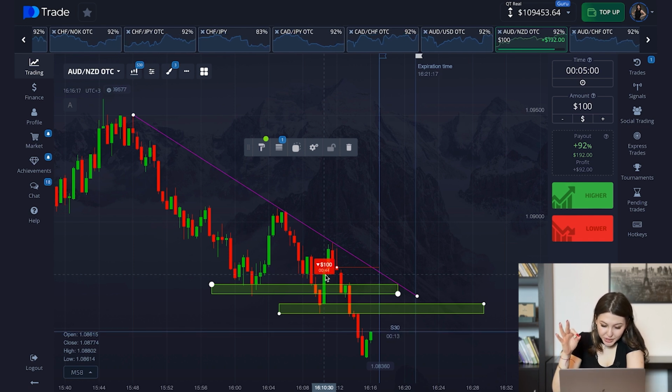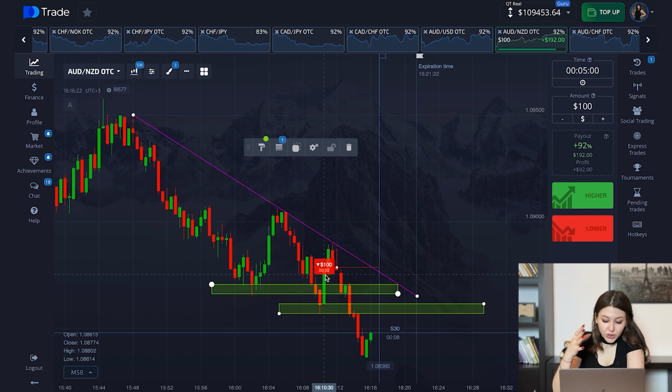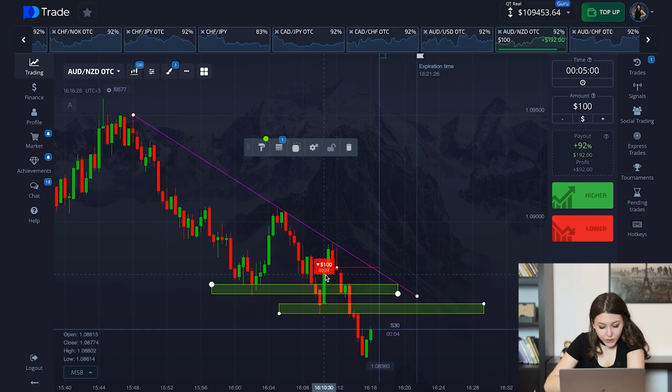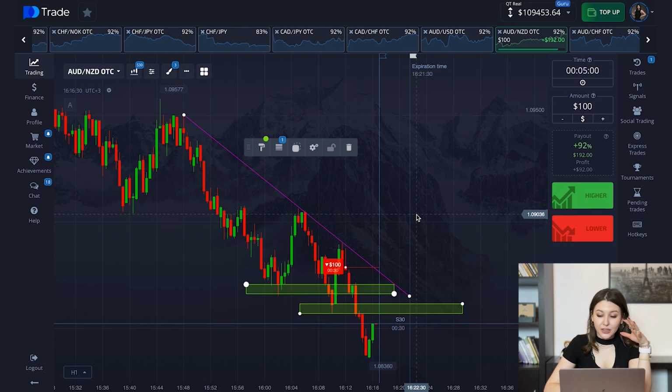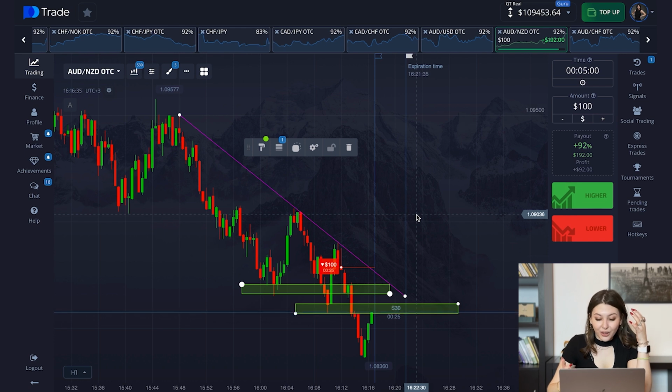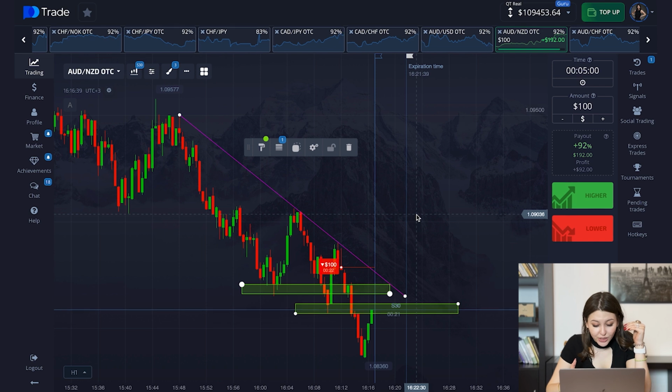Just 1 minute, then less than 1 minute, and you can see that I'm just using 2 or 3 technical analysis, just 2 or 3 indicators for me, just analyze the candles, and that's so easily we can already earn a lot of money on the pocket option, on the binary options, and that is really amazing.